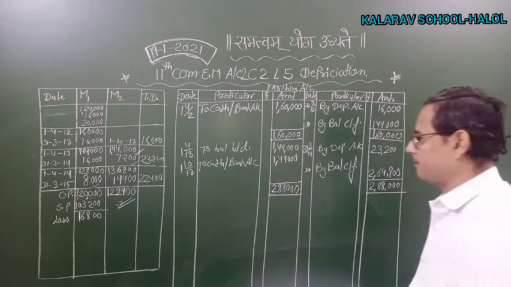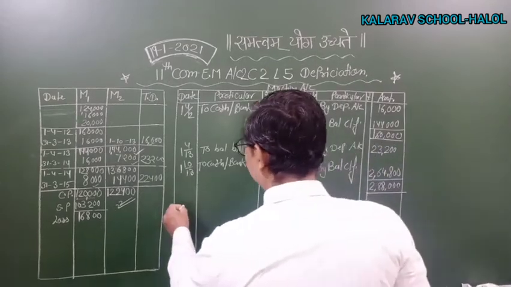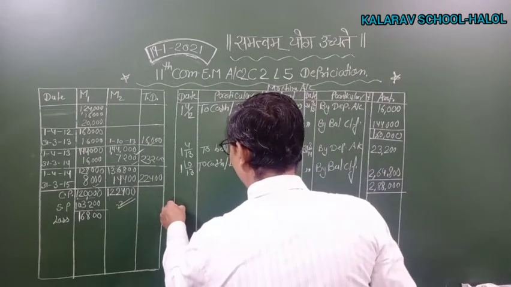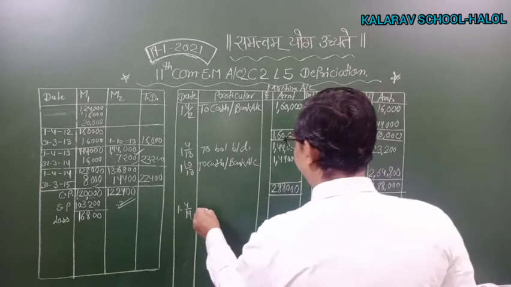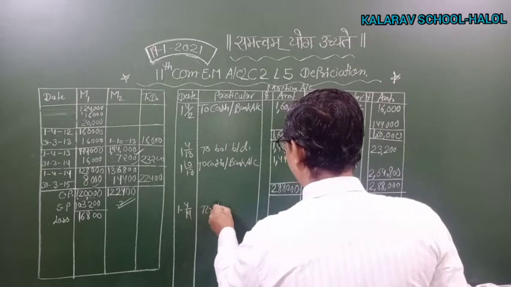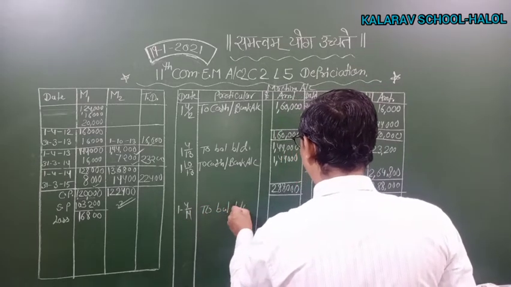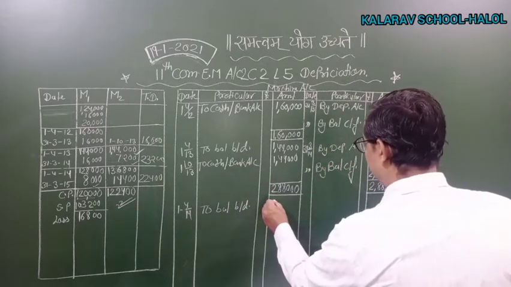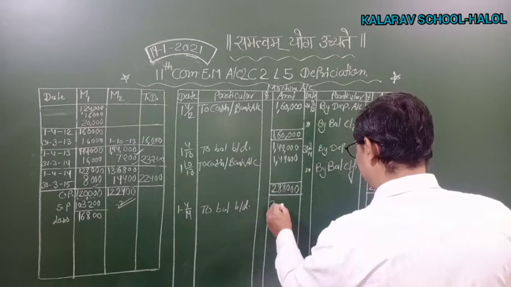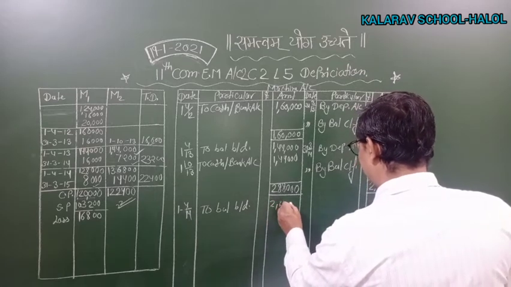Is it clear? See now, this is your now 1/4/14, and again to balance brought down, and this is your 2,64,800.